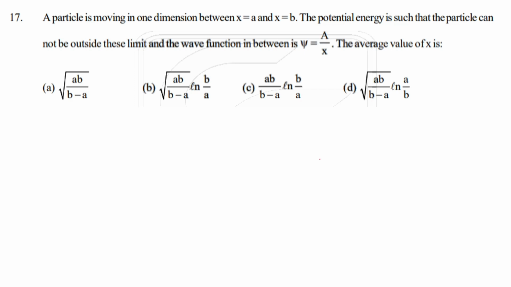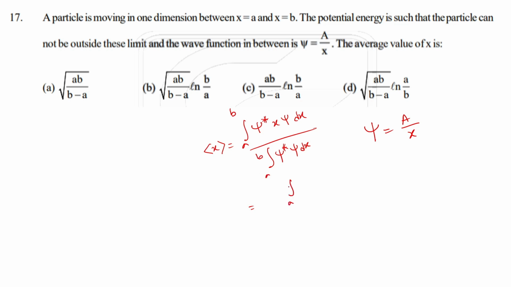And psi is given as a by x. Okay, so the average value of x. How do you calculate the average value? Integral of psi star x psi dx divided by integral of psi star psi dx, right? And this is from a to b.